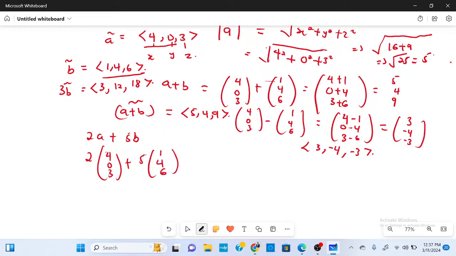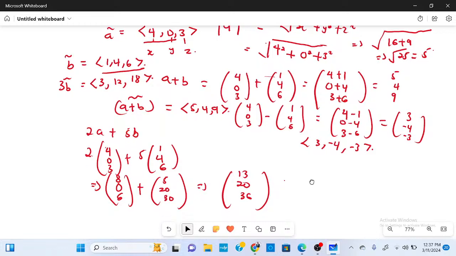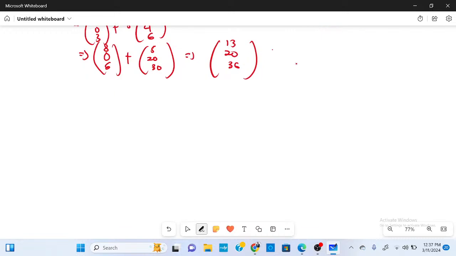So you apply the scalar first because you have addition. You do the multiplication first. So 2 times 4, which is 8, 2 times 0, which is 0, 2 times 3, which is 6, plus 5 by 1, which is 5, 5 by 4, which is 20, 5 by 6, which is 30. And this simply gives us 8 plus 5, 13, 0 plus 20, 20, then 6 plus 30, 36. So these are the basic questions you can be getting under vectors, which will be appearing in your MCQs.